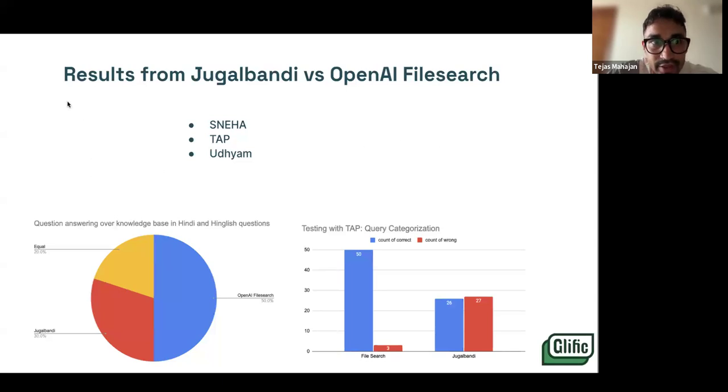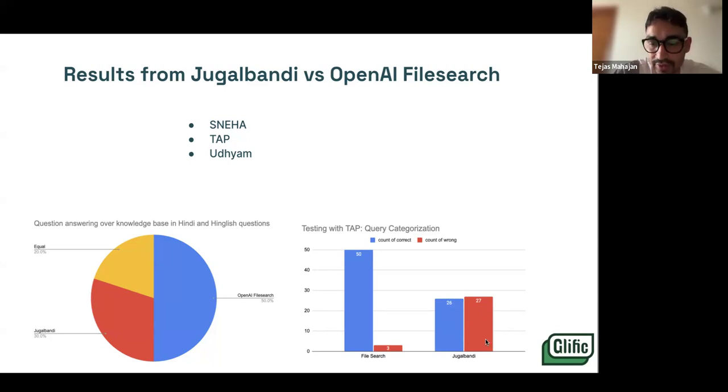And also with TAP's use case, which is just categorizing the user's query into one of the 5 categories that they have, we asked TAP to specifically give us the cases where Jugalbandi got it absolutely wrong, and cases which Jugalbandi got right.